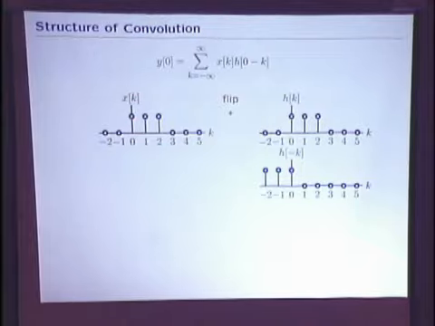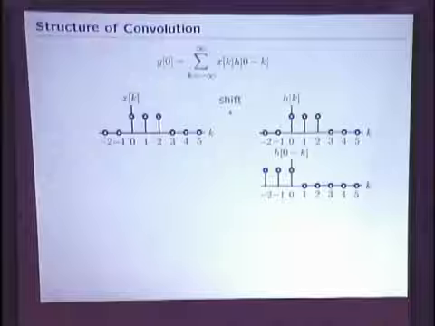Then, generally, I have some shift here. This 0 was because I was looking for the 0th sample. In general, that might be different. That might be 7, right? If I wanted to find y of 7, then I'd have a 7 over here. And that number represents a shift. In the case of 0, it's a 0 shift.